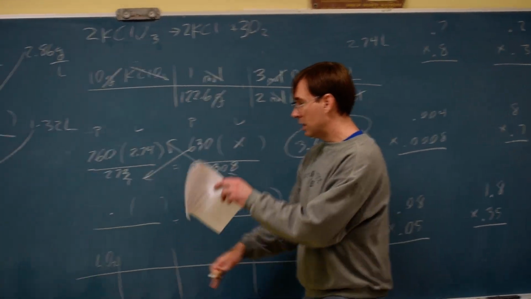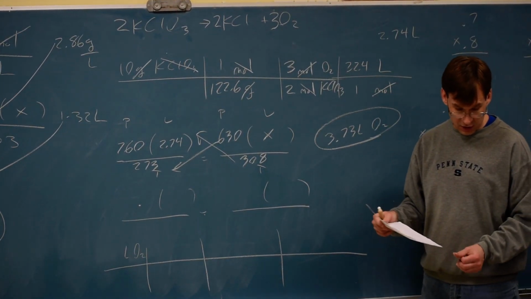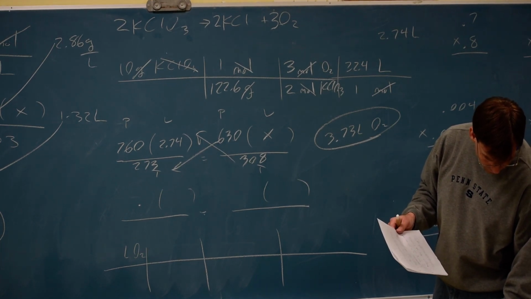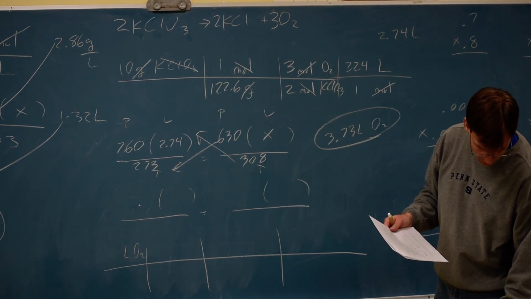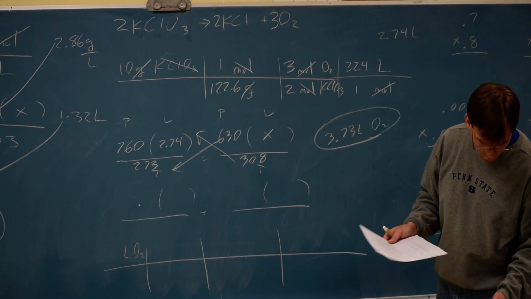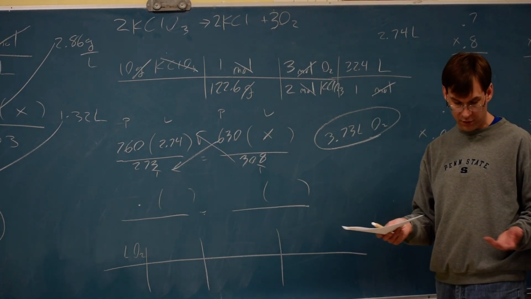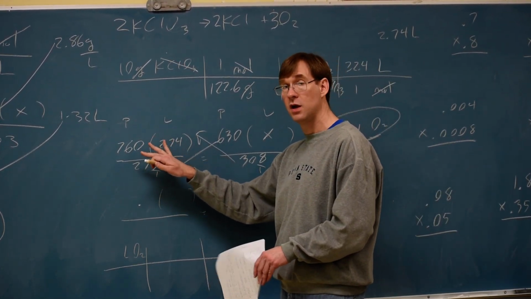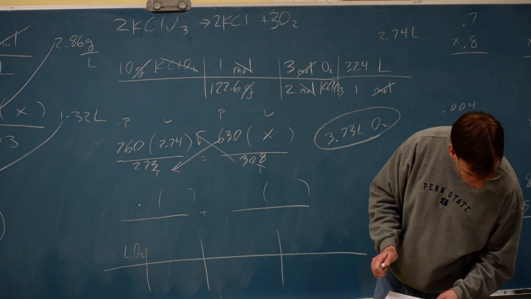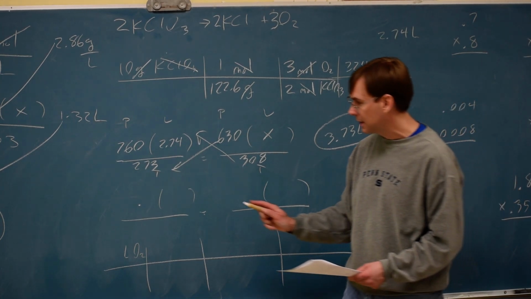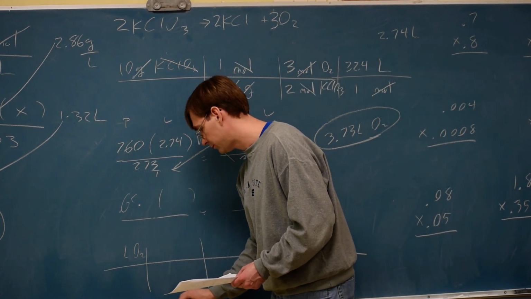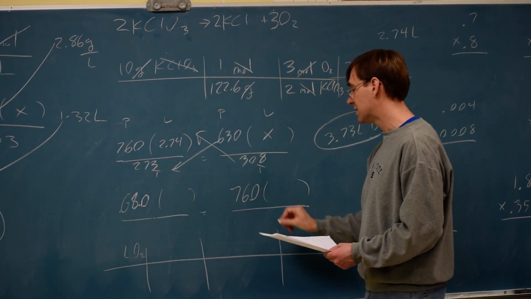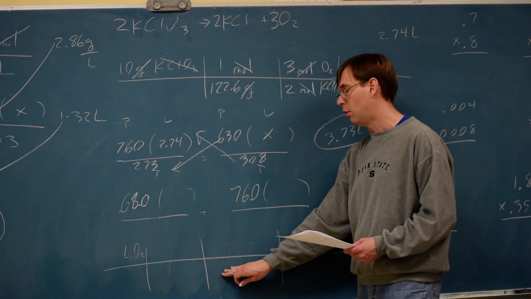The next example is in reverse order, essentially the same thing. They start off and they give you 4.13 liters of oxygen at a weird temperature and weird pressure, so we're going to do that PV over T first. For this, they're giving us 680 torr. And we need to get that to be 760 for this to be allowable.